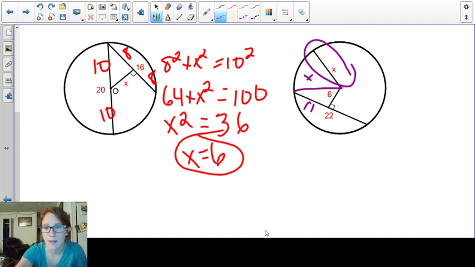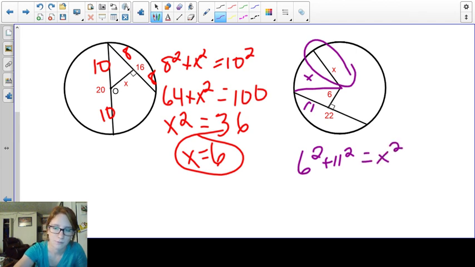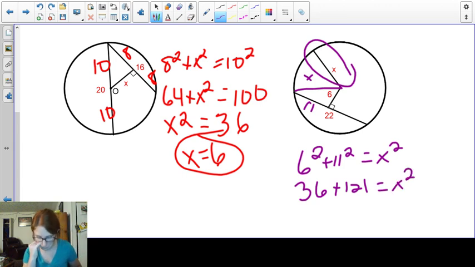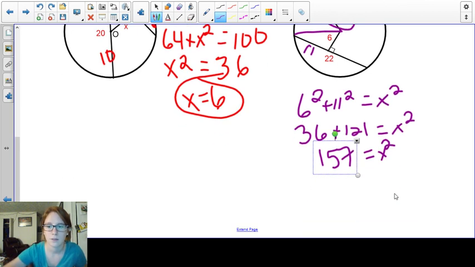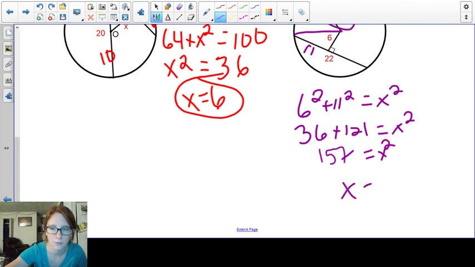So that means that 6 squared plus 11 squared has to be x squared. So 36 plus 121, so 157 is x squared. So then x must be 12.5.